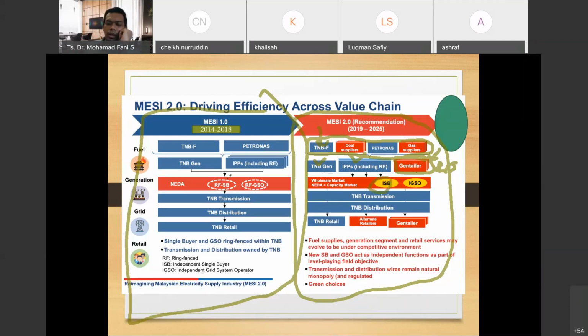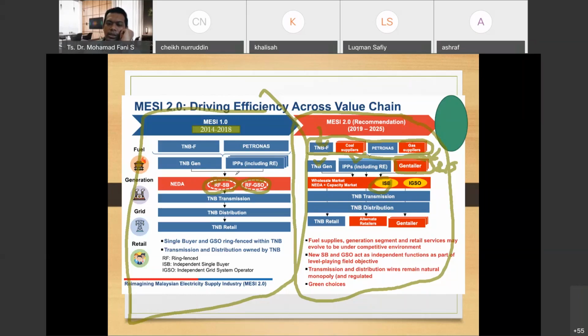The previous one is the ring fence, still with the staff, etc. from the TNB. For example, GSO, the staff from the TNB.